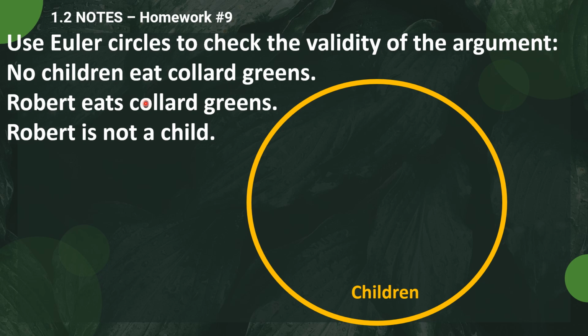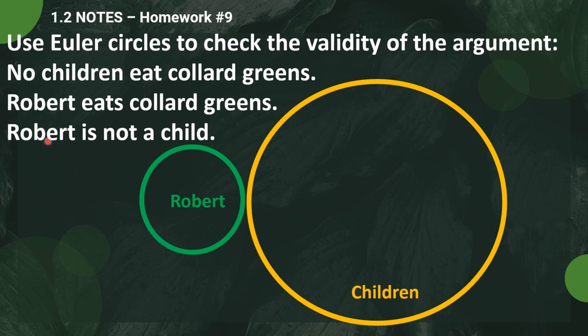Then it says Robert eats collard greens. If no children eat collard greens and all my children are inside the circle, then if you eat collard greens, you have to live outside the circle. So where does Robert live? Robert lives outside the circle because he eats collard greens. So here's Robert. He lives outside the circle.